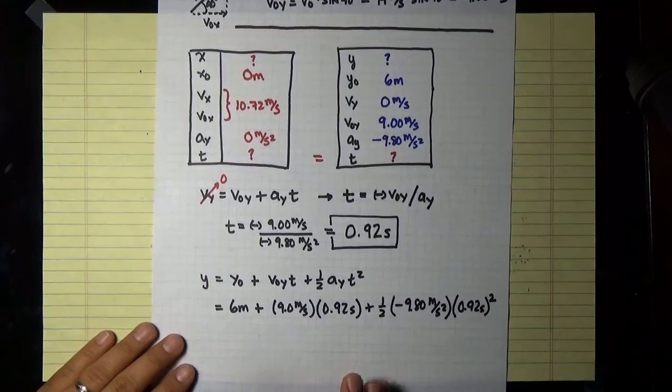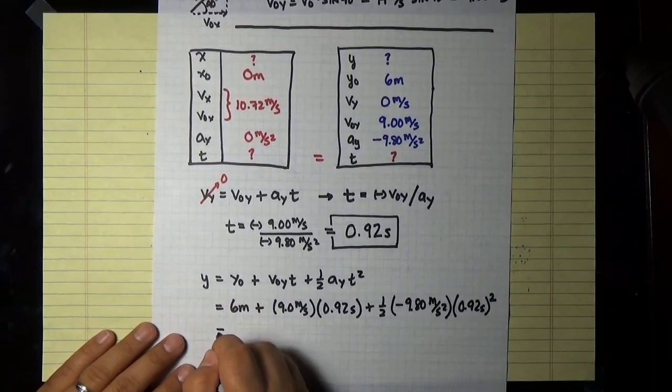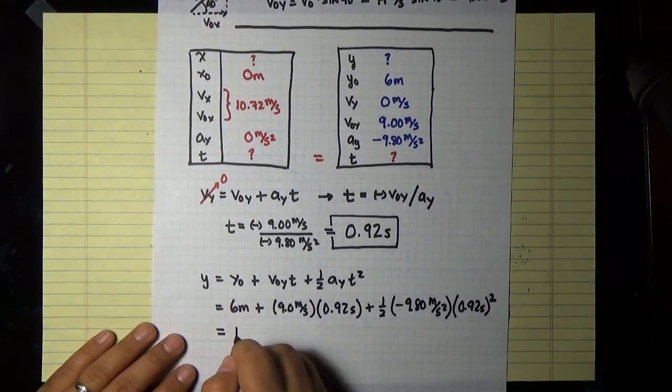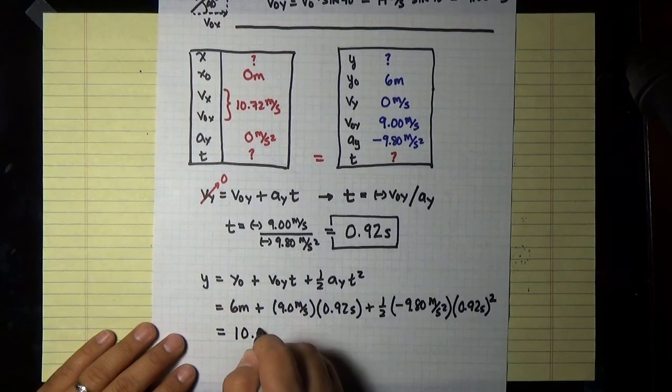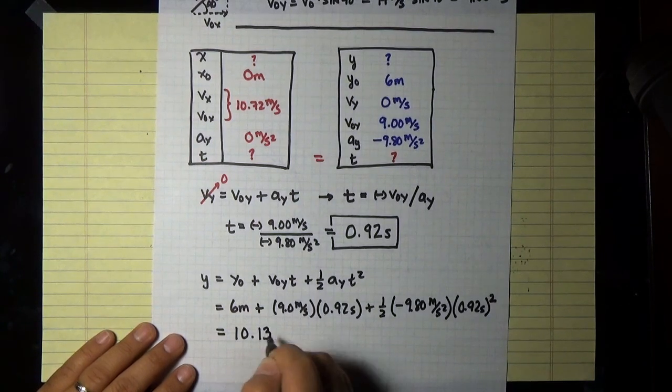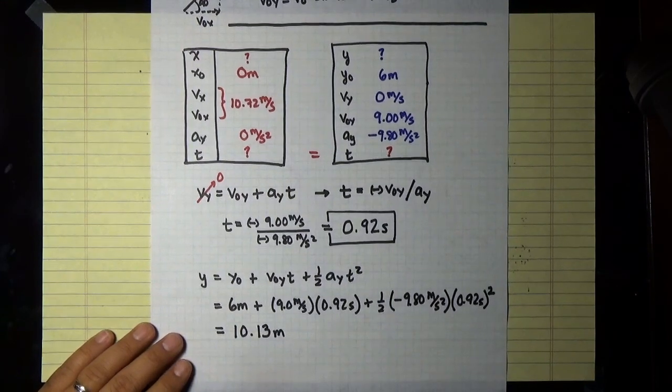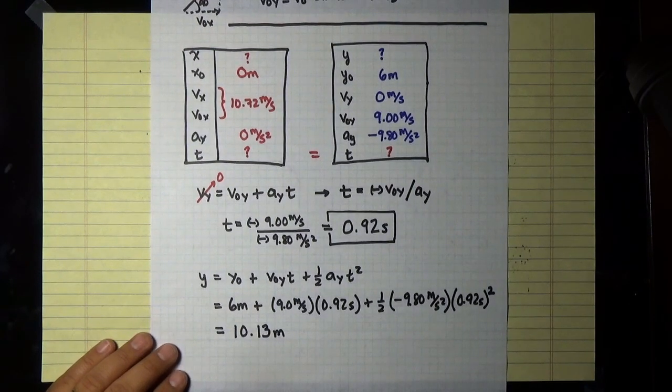And if I work all of that out, I find that the total height above the ground is 10.13 meters. So that is my final y height. And I can now use that information to continue solving other bits of the problem.